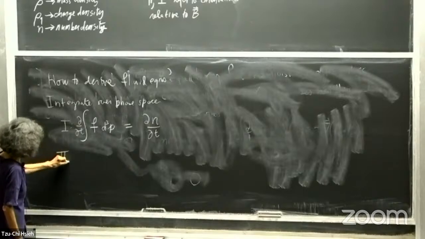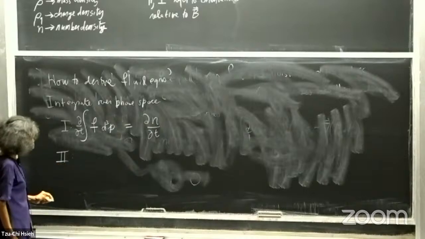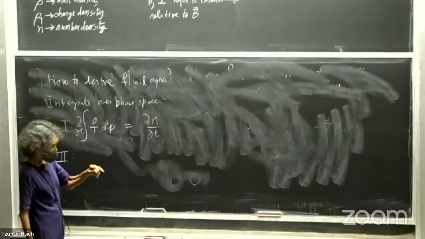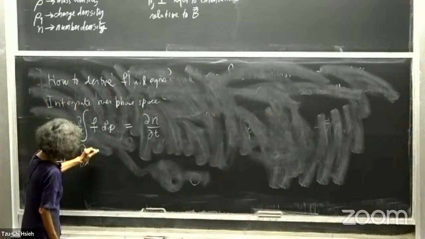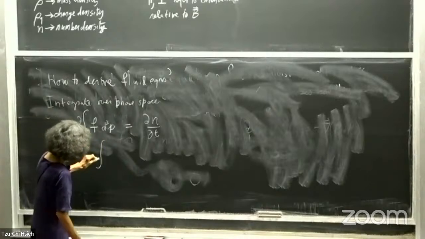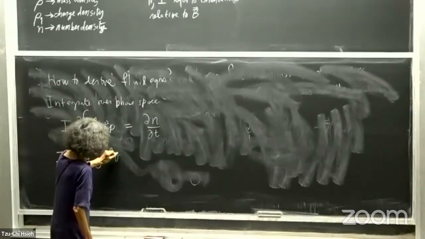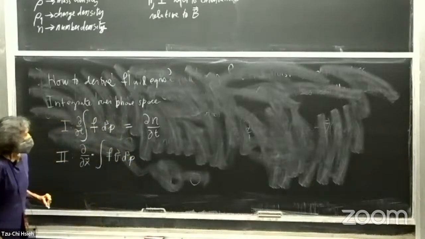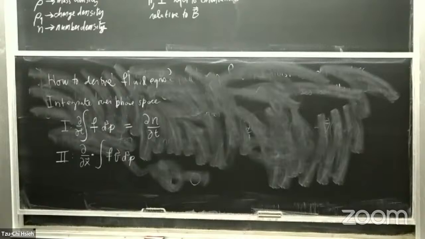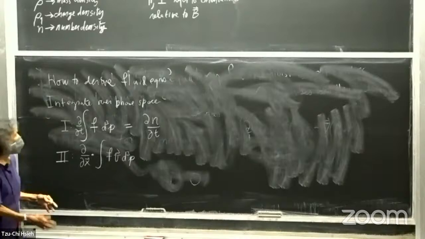What about Roman numeral 2? So again, I can take the d by dx outside the integral because x and v are independent, they're just coordinates. So this is d by dx dot integral of f v d3p. What is that? How would you describe that? Say louder. Yeah, it's momentum.